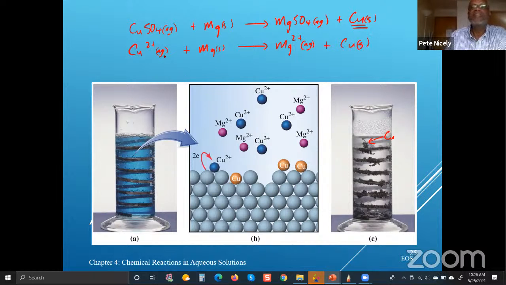So this would be the net ionic equation for this reaction.